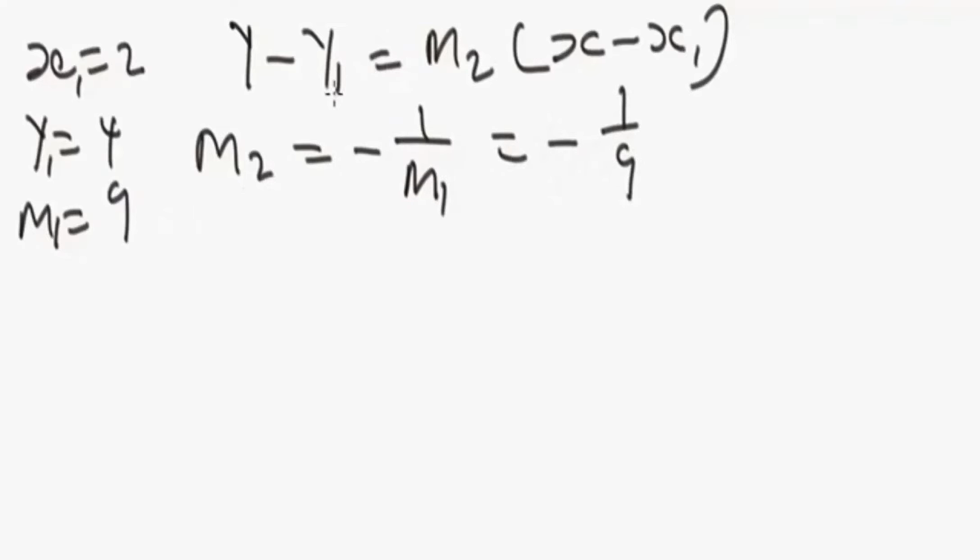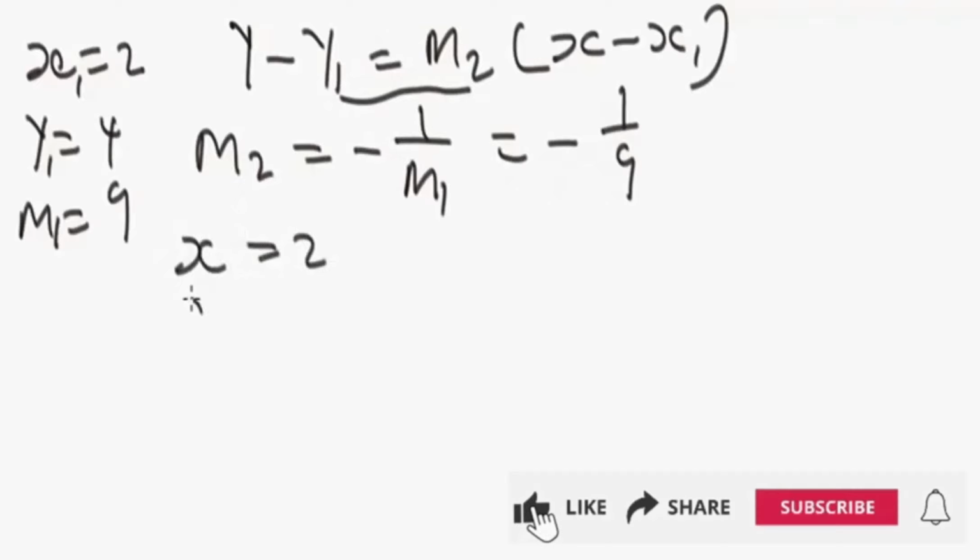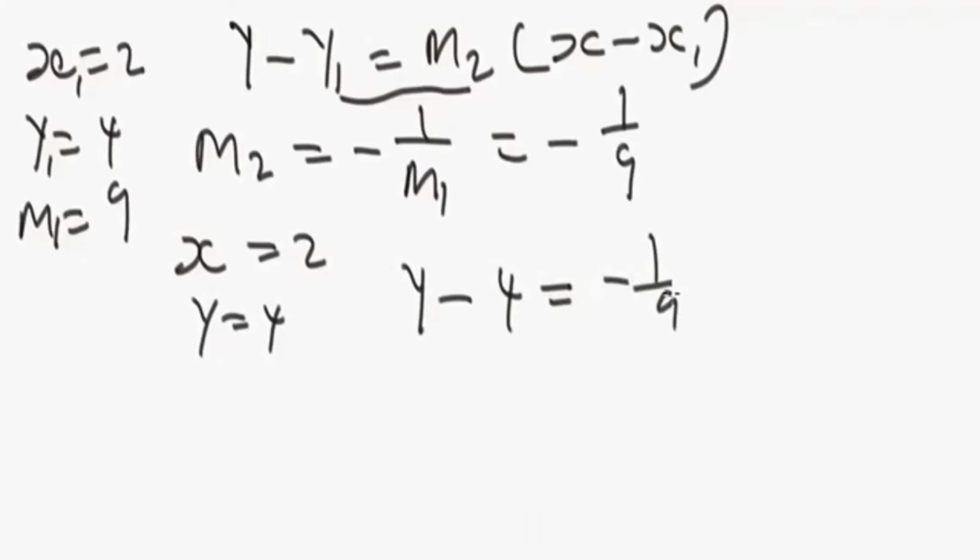So you substitute the values in this expression. Remember, we got our x is 2 and our y is 4. When you substitute, you're going to have y minus 4 equals minus 1 over 9 in brackets x minus 2.